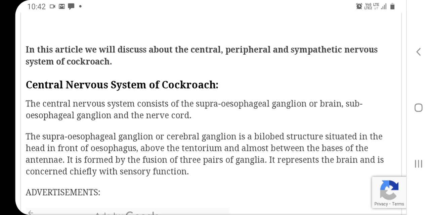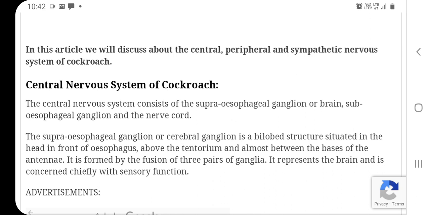The nervous system in insects, be it cockroach, grasshopper, or honeybee. The basic plan of nervous system is same for most of the insects, or we can also say for all of the insects.